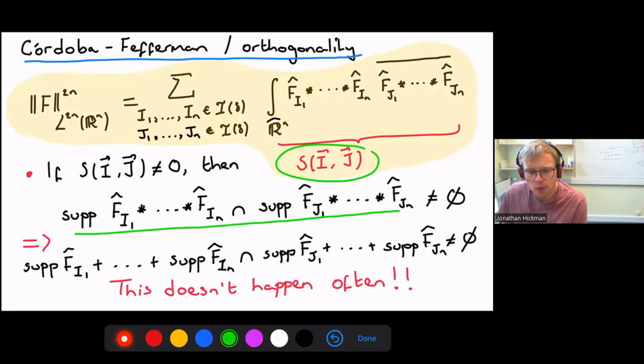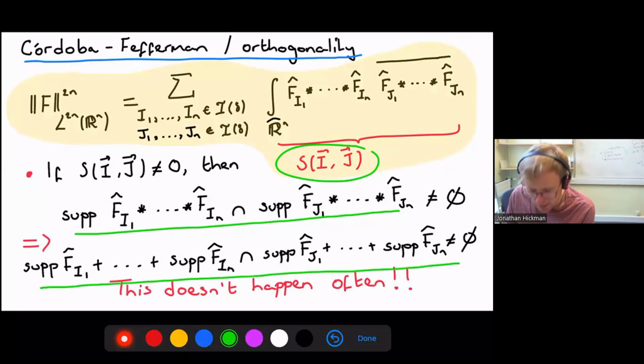So we want to analyze the supports of these n-fold convolutions. The support of the convolution is contained in the Minkowski sum of the supports. So if S_IJ contributes to the sum, then we must have an intersection between these two Minkowski sums.